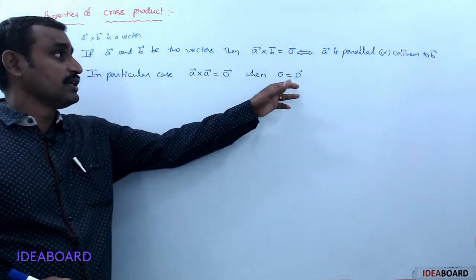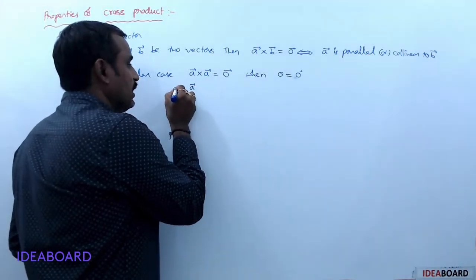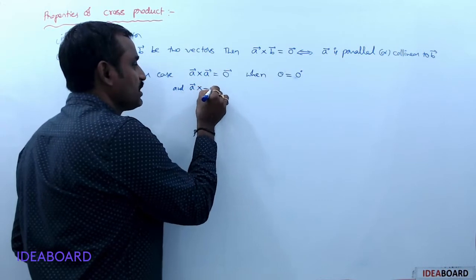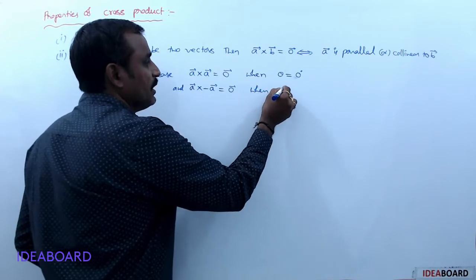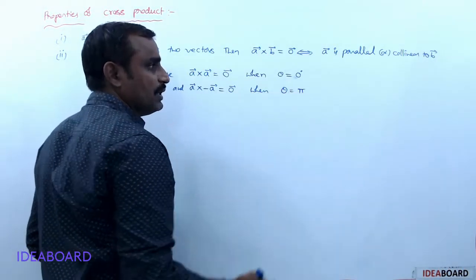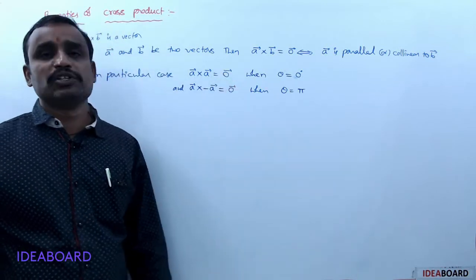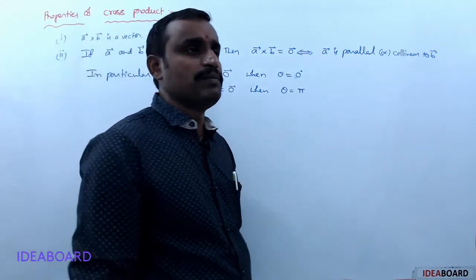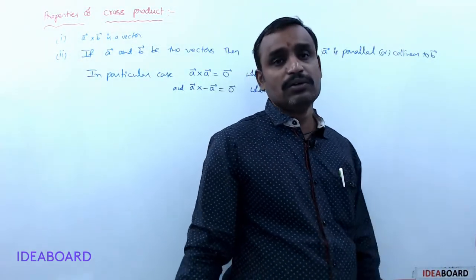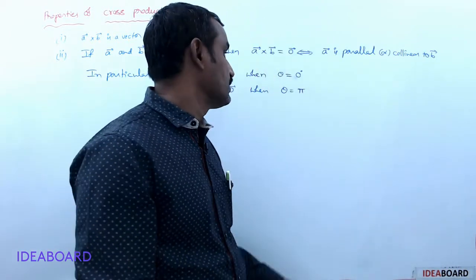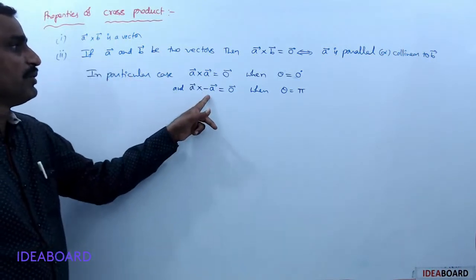Another one: A bar cross minus A bar is also 0 bar, when theta is equal to pi. When theta is equal to pi, the result is also 0 because sin pi value becomes 0. So sin 0 is 0 and sin pi is also 0. This is the most important point here.